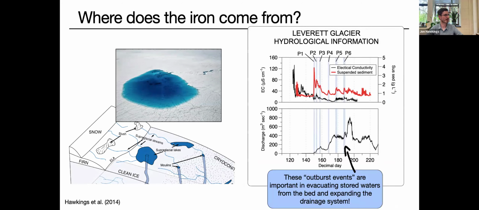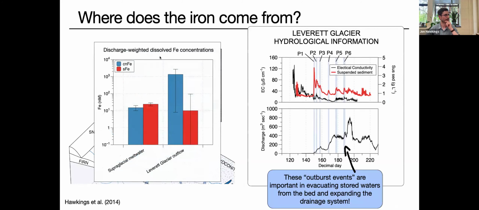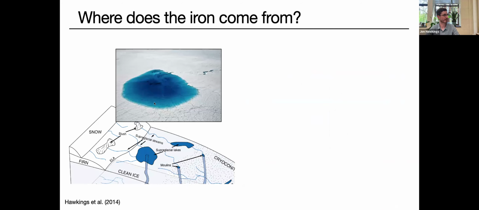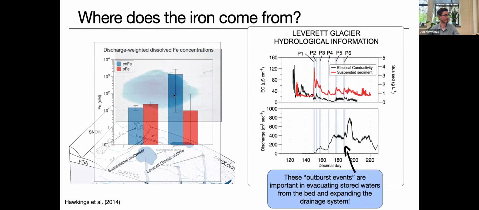Okay, so I'm going to start at the surface again, as I have done before, with some dissolved iron concentrations in surface meltwaters. These look pristine, a beautiful blue color, with very little dissolved in there. Same with iron, really. There's not much iron dissolved in these surface meltwaters.